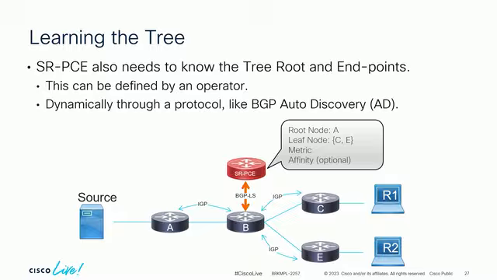And in case of a dynamic tree, we leverage the dynamic protocol, BGP MVPN and the auto-discovery protocol, which is used to exchange all those leaf information and the C-multicast, the customer's multicast flow details between the edge devices in the MVPN. So in case of static, it's up to the operators to define it in our SR PCE. And in case of dynamic, it can use the relevant BGP protocol extensions.